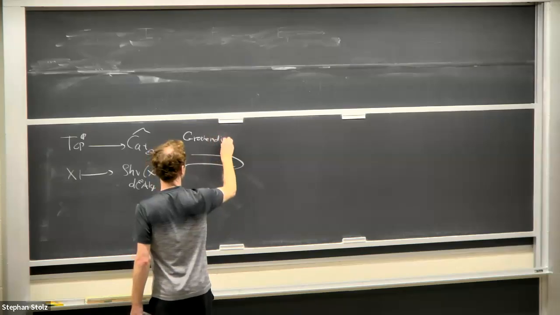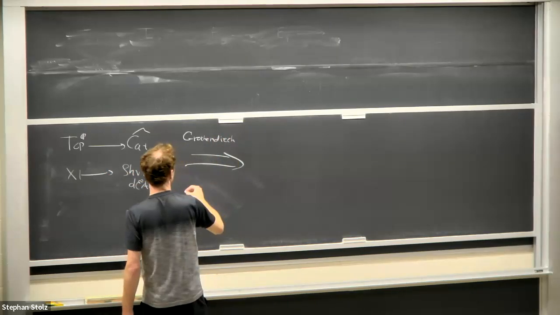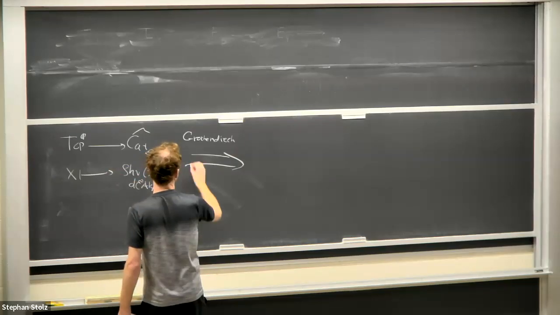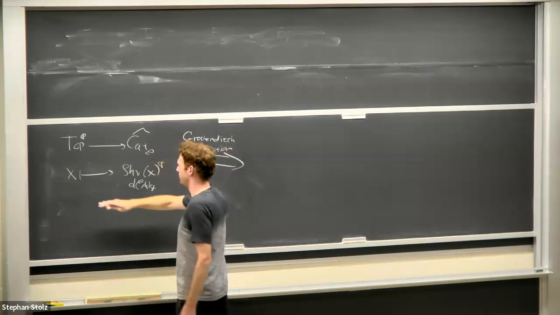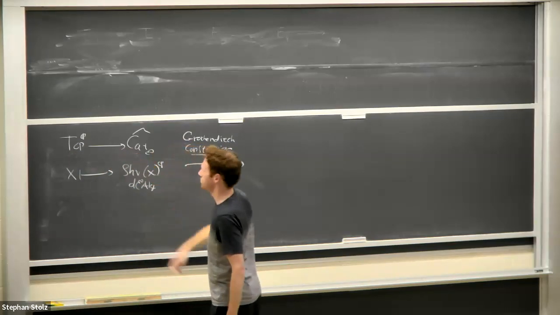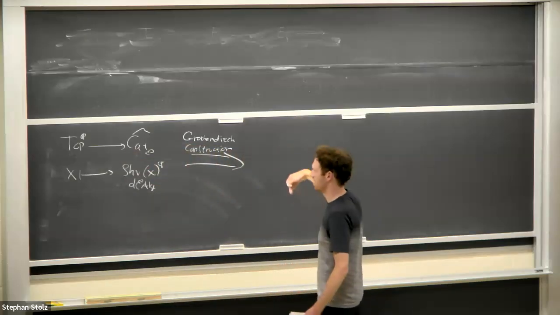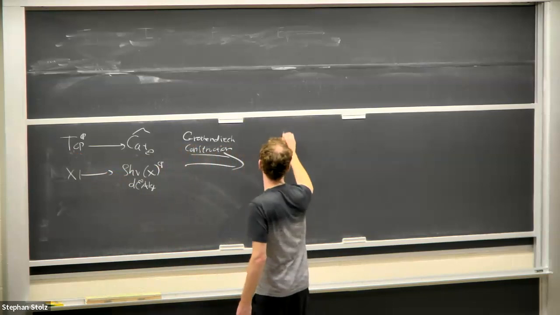And then by a general categorical construction, due to Grothendieck in the one-categorical setting and due to Lurie in this infinity categorical setting, for any functor from a category to infinity categories, you can cook up an infinity category over Top. So there's something sitting over Top.